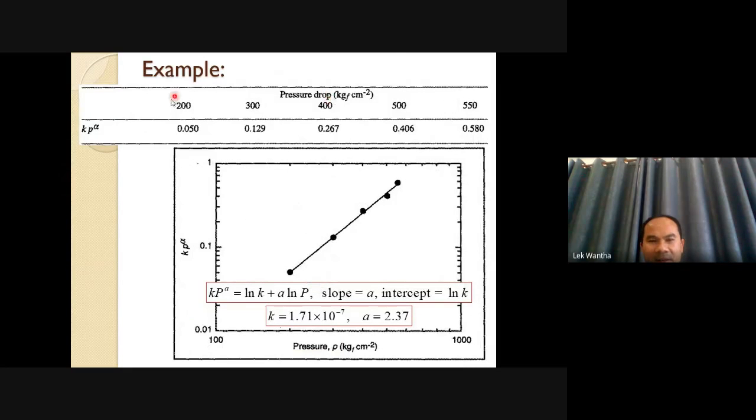After you plot, you get the slope at each pressure, you get Kp alpha, and then you evaluate this.